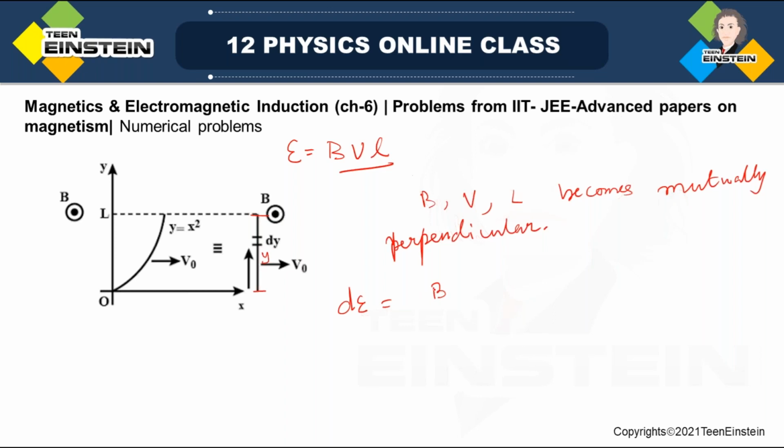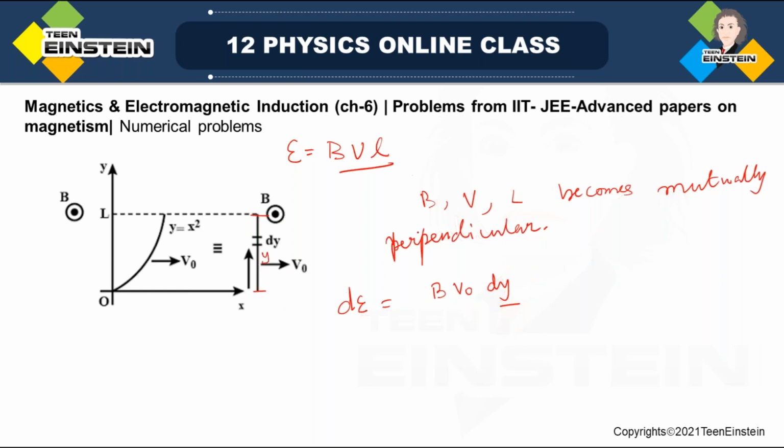So we can write B anyway. B is not constant, so we'll integrate it. But in this case, the integration will be on dy alone. Then V, that is constant, B V0, and dy, that is the length which is changing.